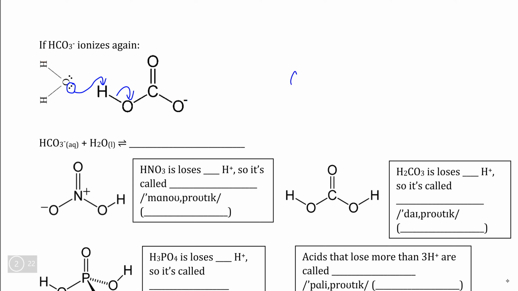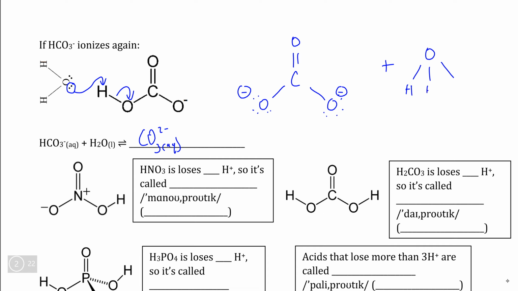At this point, because our carbonate has no hydrogens bonded to it, we would end up with the carbonate ion with a negative charge on each of the oxygens, so we would just write this as CO3 2-, and we would end up with a second hydronium molecule that we've made because there are two ionizations that are possible.